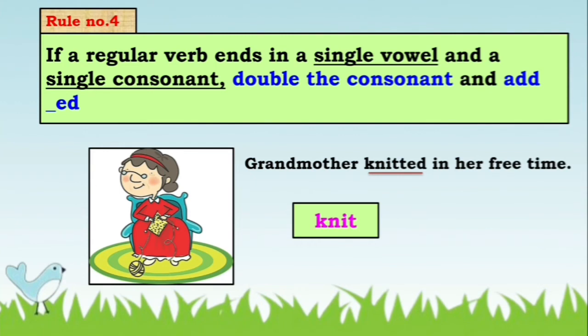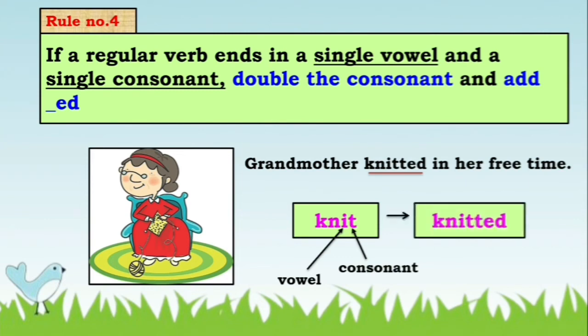Here we have a single vowel, that is I, and a single consonant, that is T, at the end of the verb. So we will double the last letter of the word and add ed. So knit, knitted. Let's see some more examples.